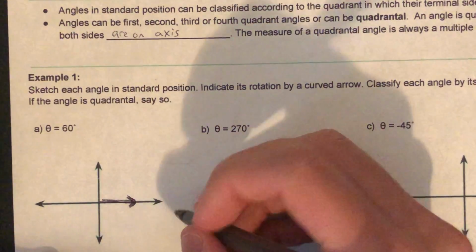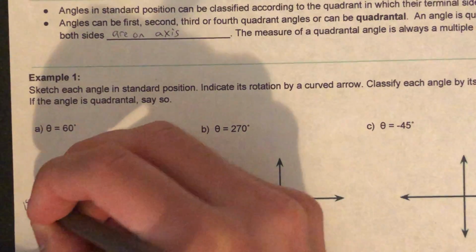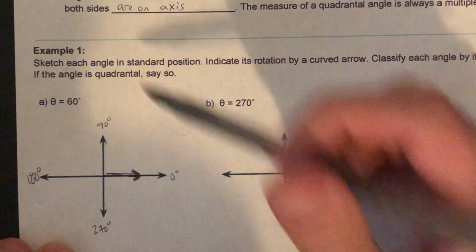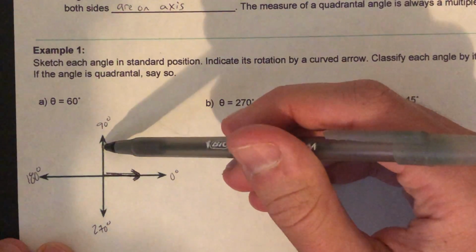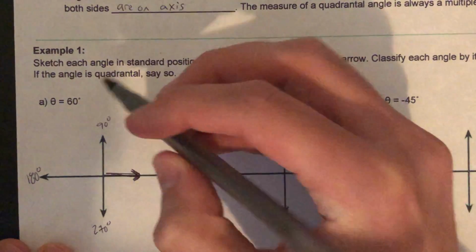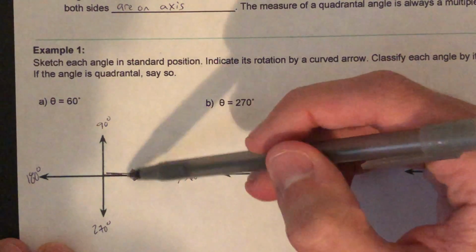The key thing to remember is that going around, we work in 90-degree increments: 0 degrees to 90, 180, 270, and back to 360. So if we want an angle that's 60 degrees, it has to be in our first quadrant.